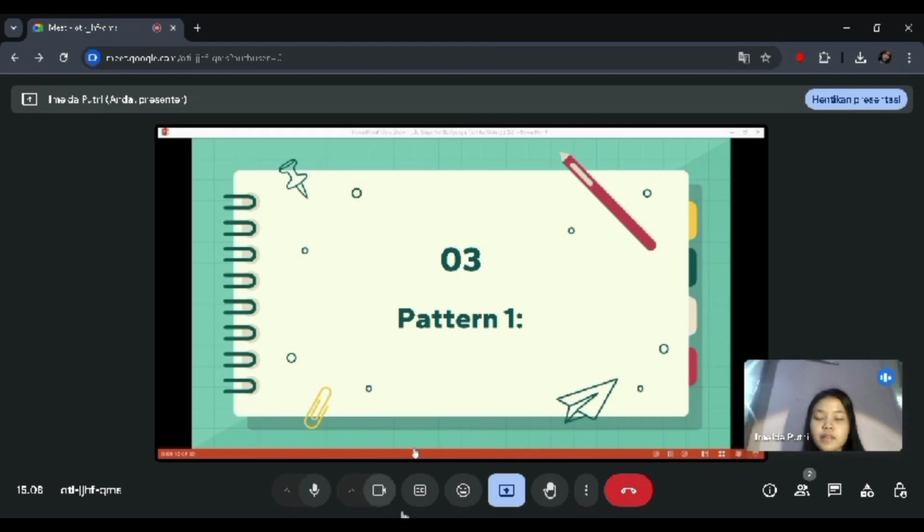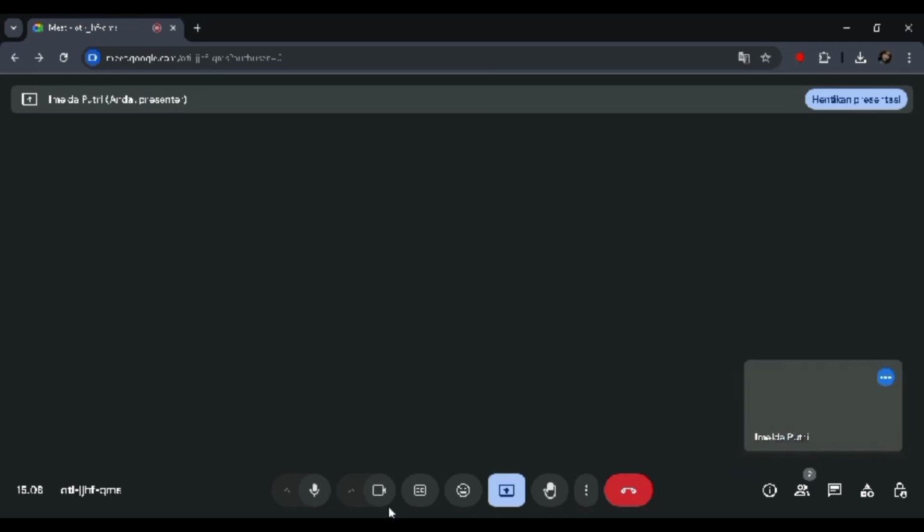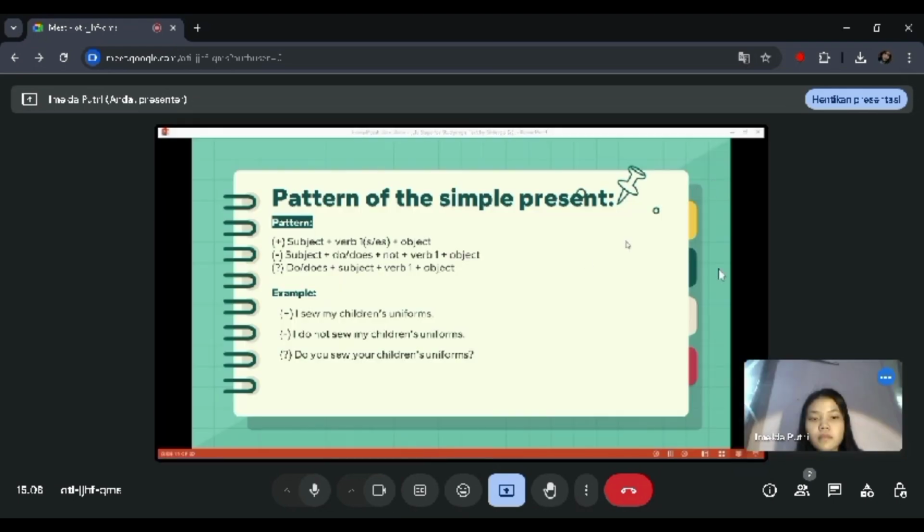Pattern of the simple present. Positive: subject plus verb one plus s plus object.